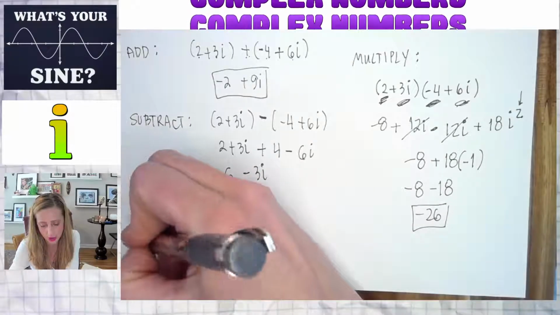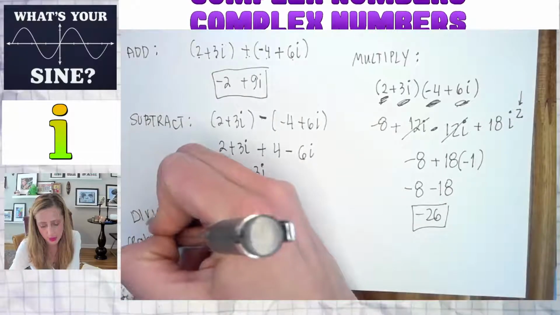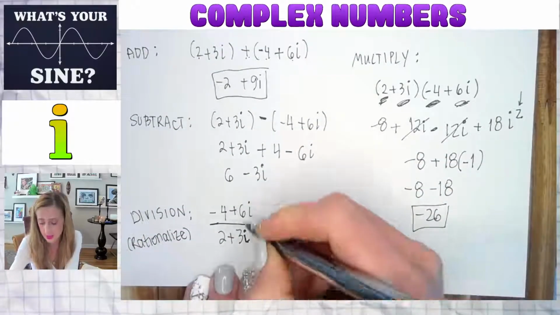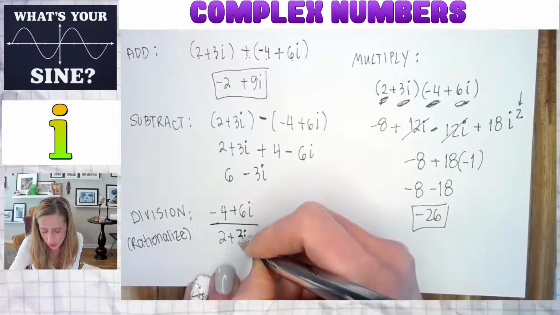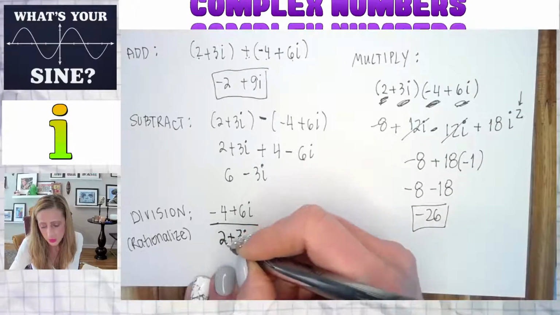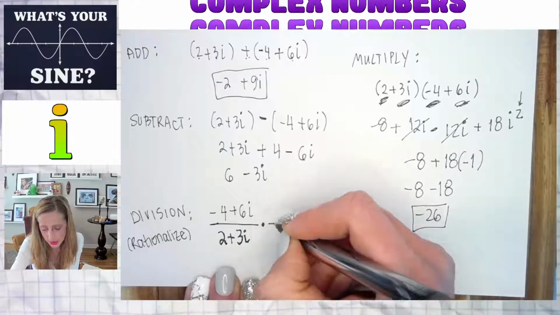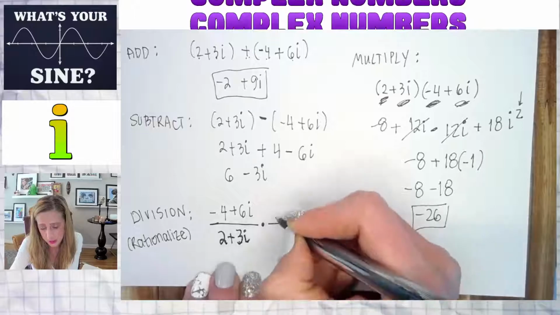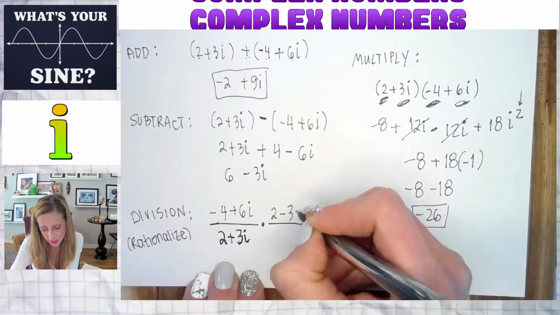You're truly rationalizing. And the way you rationalize, if you remember from even geometry, when you have a plus or minus sign in your denominator with the radical, is you multiply the numerator and denominator by the conjugate of the denominator, which is 2 minus 3i.